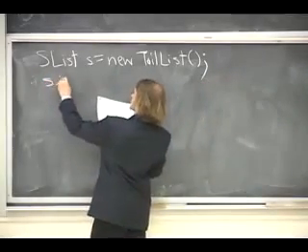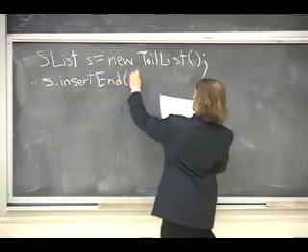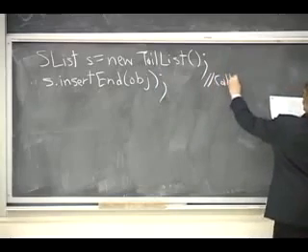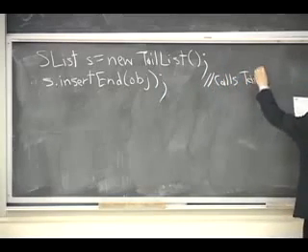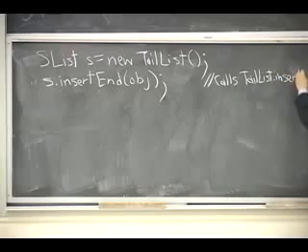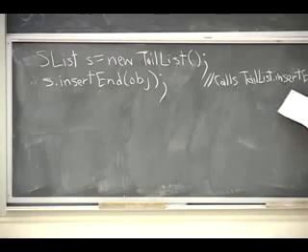I type s.insertEnd(obj). And this calls the insertEnd method in the tail list class. So it is calling the right method to insert an object at the end of the tail list. And that's good because that means the tail pointer gets updated.